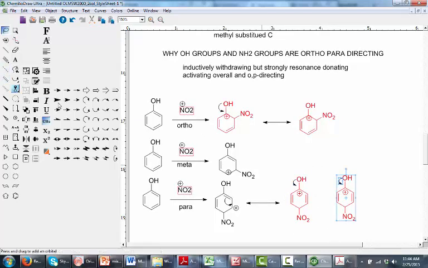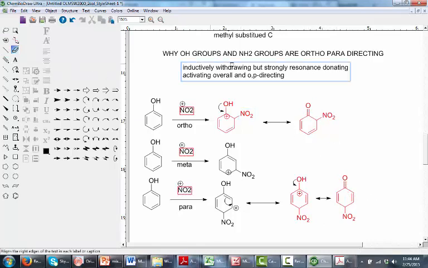Again, because I have these lone pairs of electrons on the hydroxyls that are directly attached to the positive charge, that lets me create a situation like this where now the OH group is the one that's in charge of bearing that positive charge.